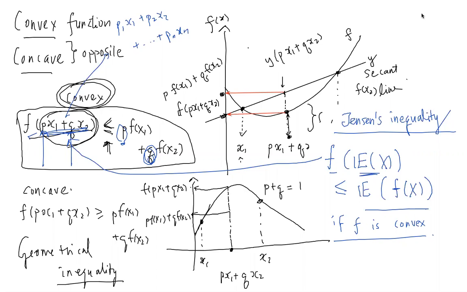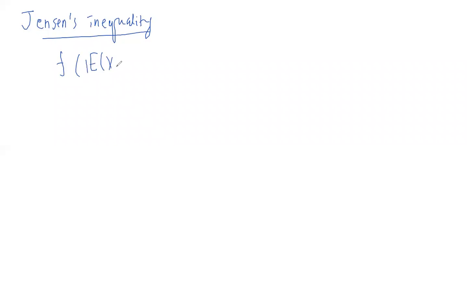So now let's look at some examples. Let me just write it again. The function of the expectation of x is bounded by the expectation of the function of x, if f is convex.